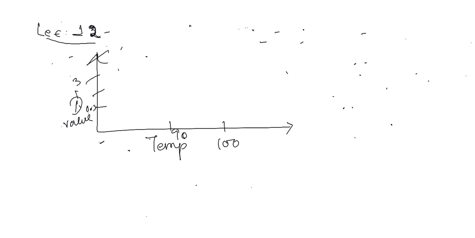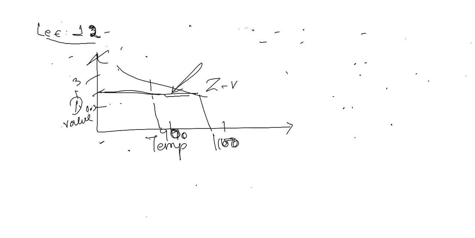If we plot it like this, there is a reduction at 90 at this point, and at the other point you get 100. So what is the Z value here? It will be 100 minus 90. So we plot the temperature and the D value, and we can find out the Z value from this curve. So it will be 10 degrees.